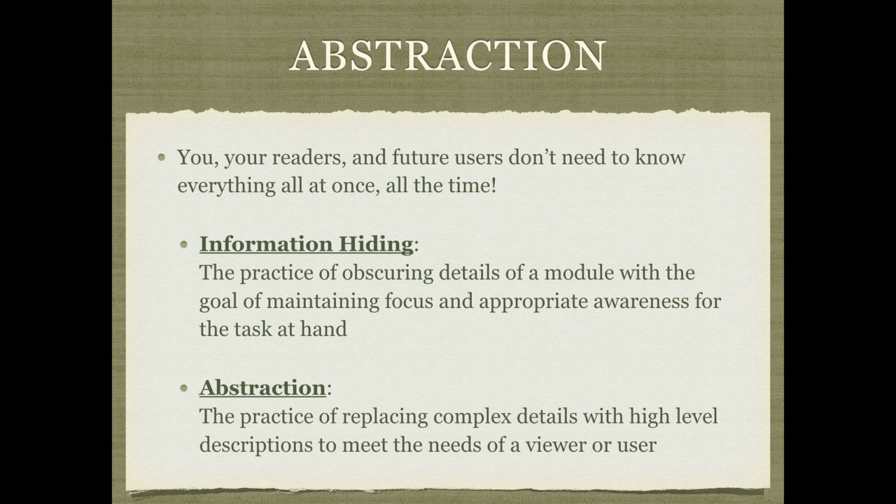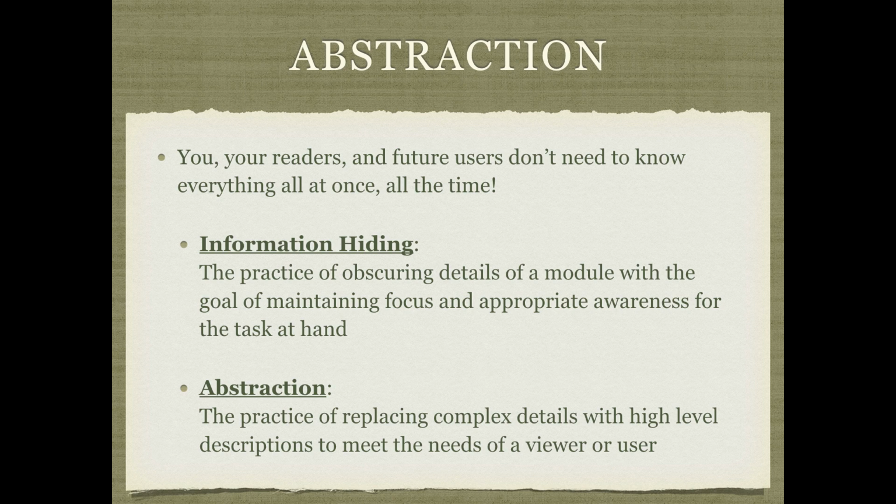Okay, so basically what we've seen here are concepts of abstraction. The idea being that you as a programmer, as a student, the folks reading your code, the folks using your code, nobody needs to know everything all at once, all the time.